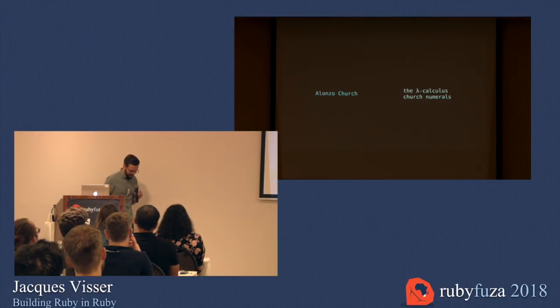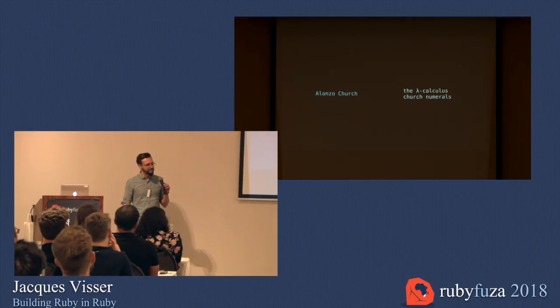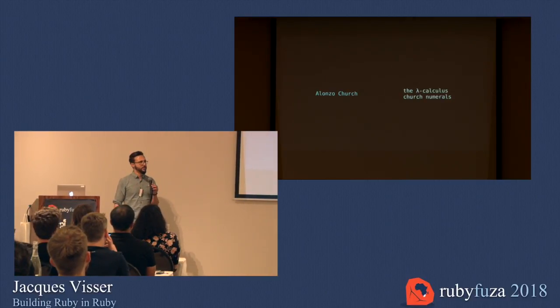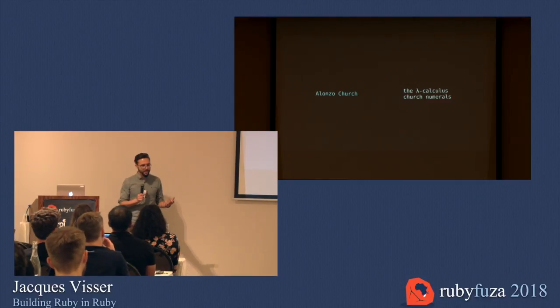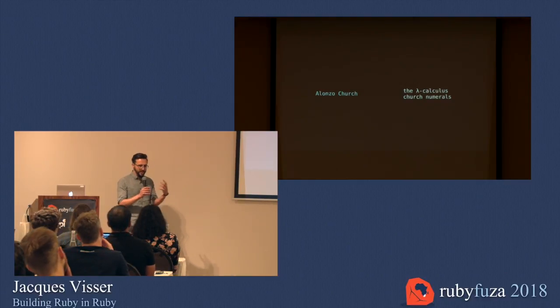He hung out with Alan Turing, and they wrote the Church-Turing thesis together. But more importantly, he came up with the lambda calculus. And as part of that, he encoded numbers as a combination of functions. We call this Church numerals these days.